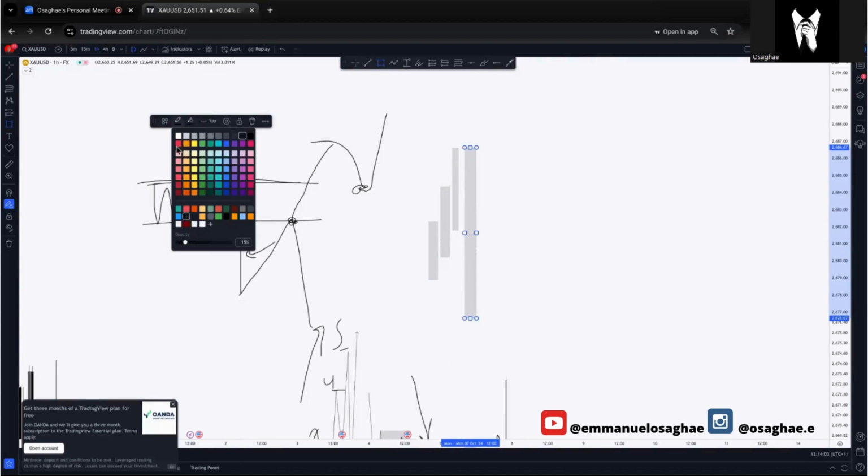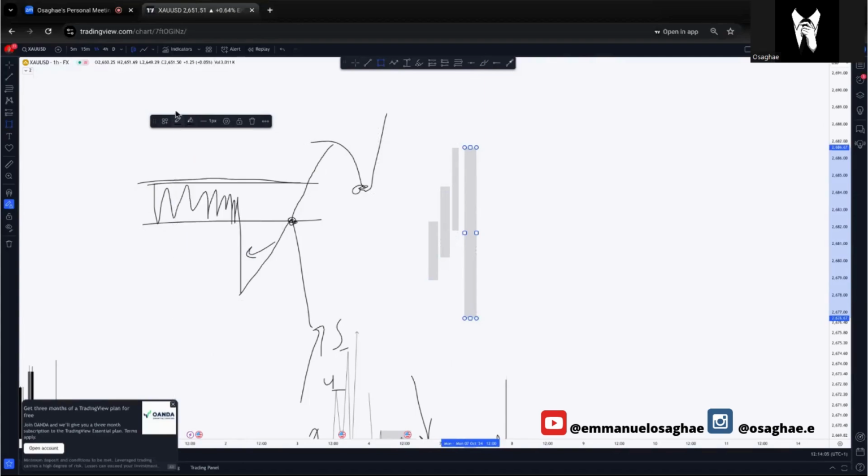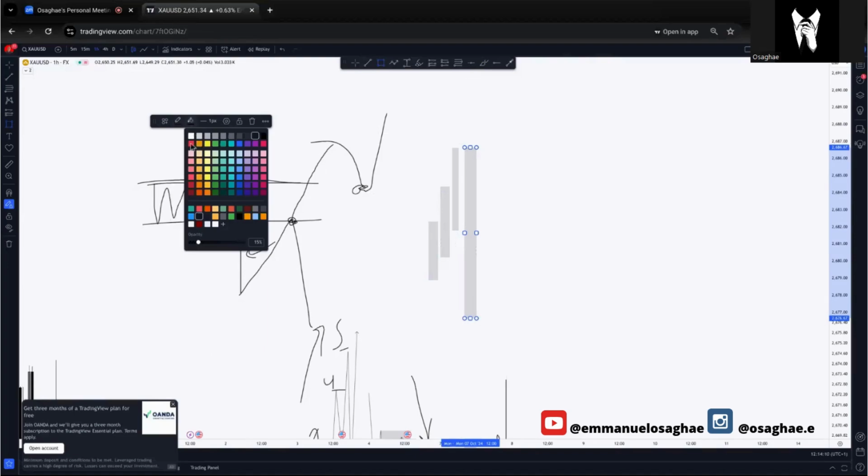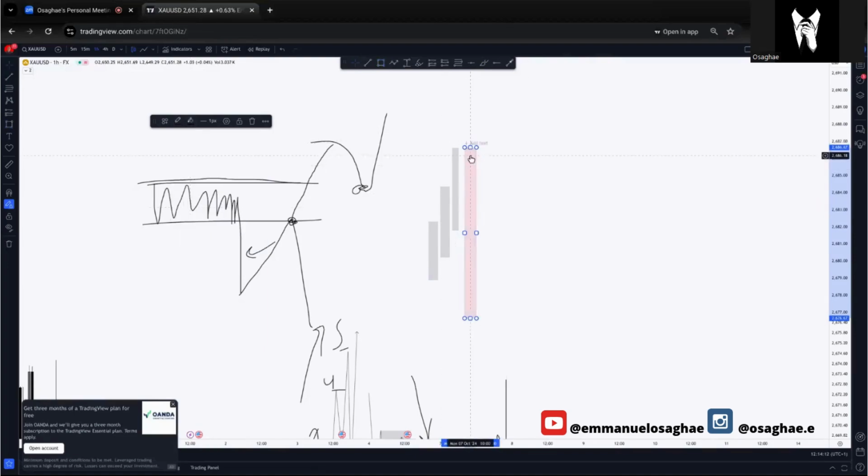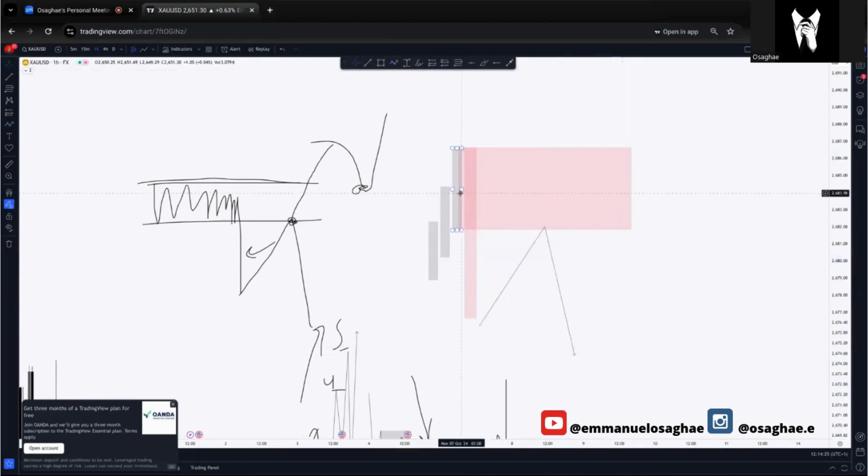I'll make that candlestick red. So that is the last bearish candle. How would you mark your order block in this case? This is your order block, the last up candle before the bearish move, because the market tends to trade into that zone to sell lower. So these are the two points of interest we are going to be focusing on.